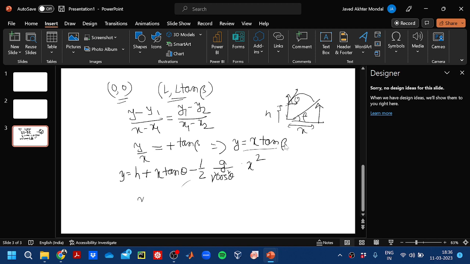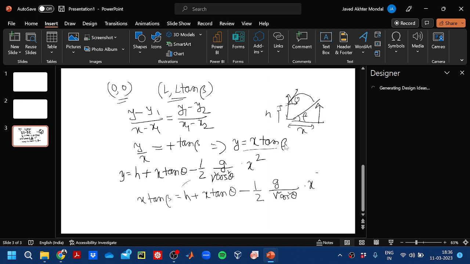So we can write x tan beta equal to h plus x tan theta minus half g by v square cosine square theta into x square. If theta, beta, and h are known to all, and v we know also, and g, so if we put all the values here, then we can find the value of x.